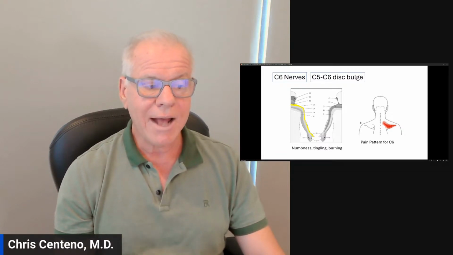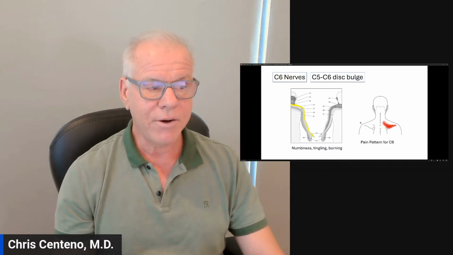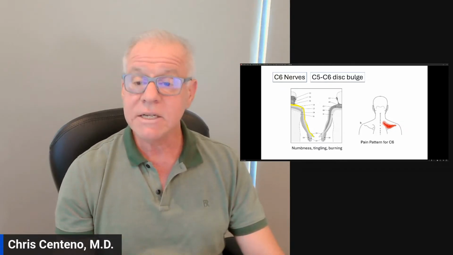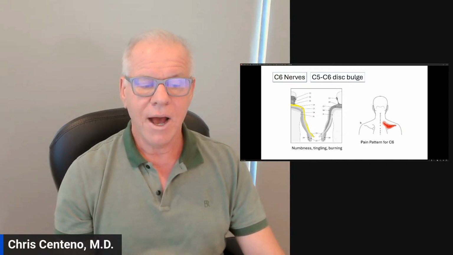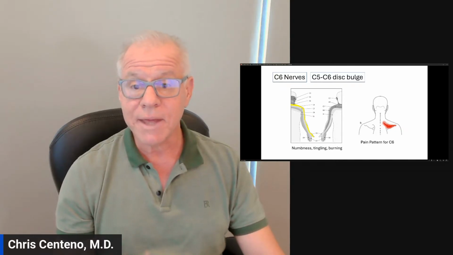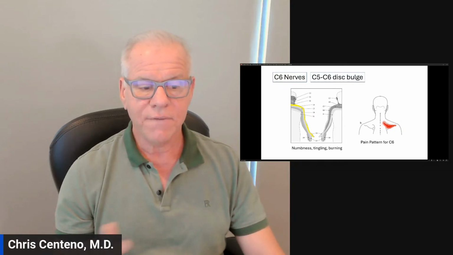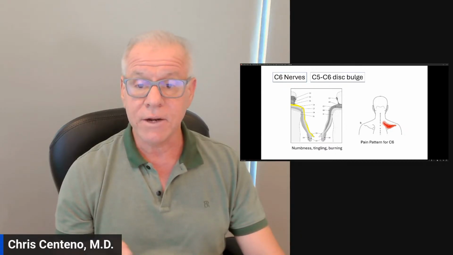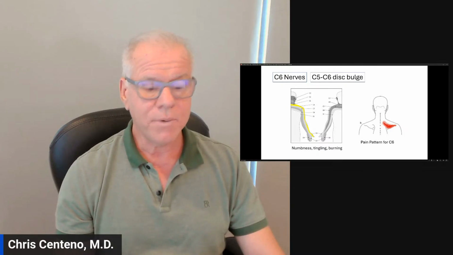If you look at the numbness, tingling, burning pattern, again, it's going to kind of start in the neck, go all the way down into that thumb. Doesn't have to do that, but that's more common. And then off to the right, again, you've got that pain pattern, which is kind of levator scap area, upper scapula.